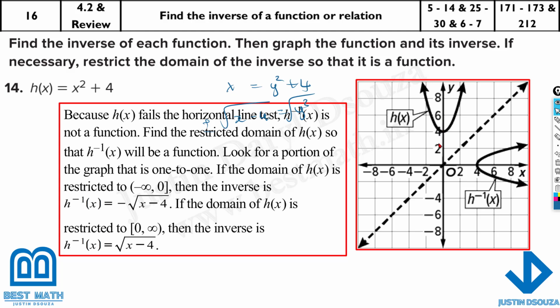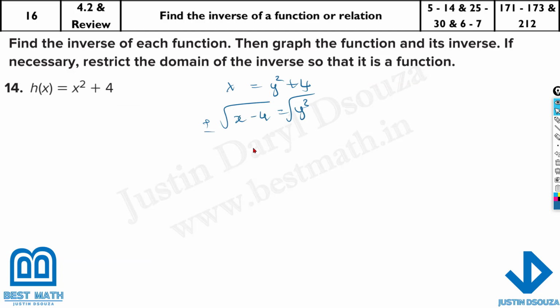So even now here from minus infinity to 0, it is the negative part. See, the answer is there, right? The minus square root, you can see the minus square root is from minus infinity to 0, but from 0 to infinity, it will be the positive square root value. Whenever we have plus or minus, here as x goes from minus infinity to 0, this is the negative square root of x minus 4.